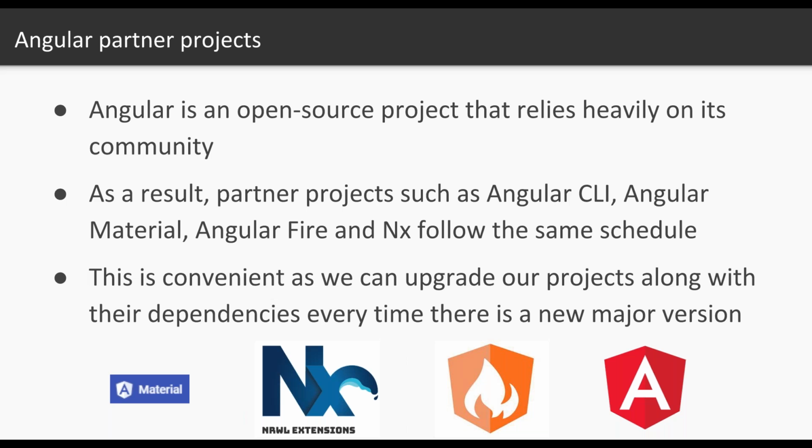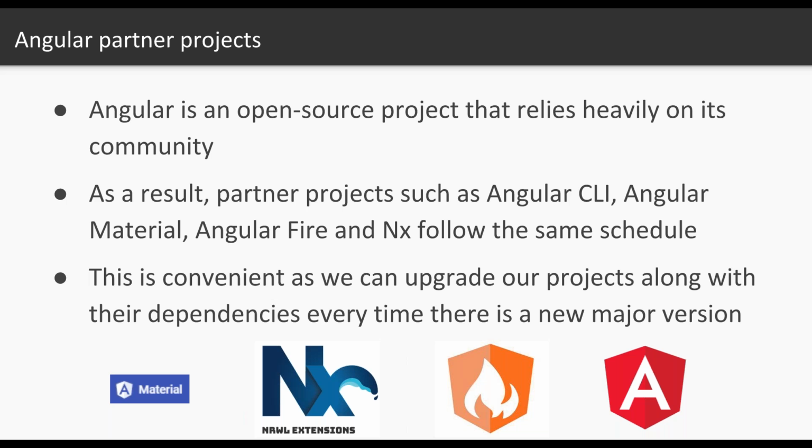And there are projects that try to get in sync with the Angular release schedule, which is very convenient because when we get to Angular 7, for instance, Angular Material releases its version 7, NX releases version 7, Angular Fire same thing, and Angular CLI as well.